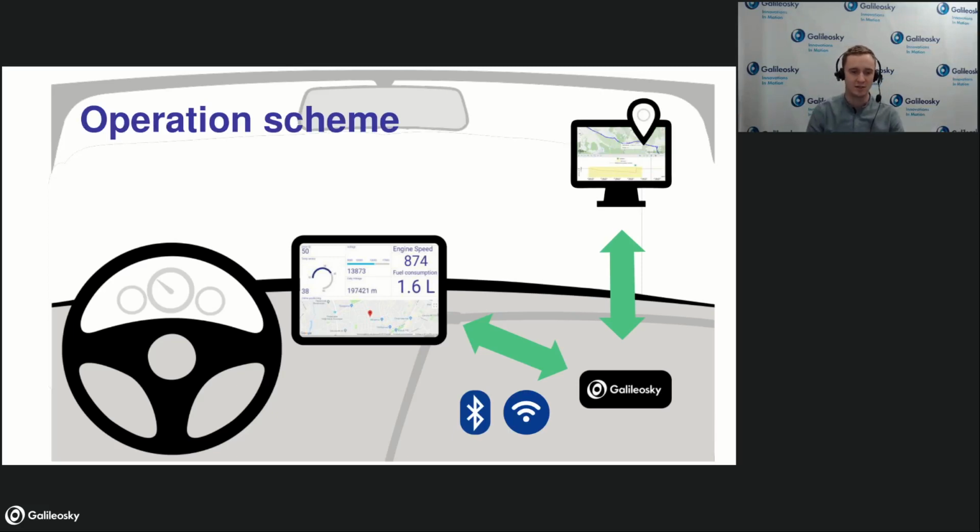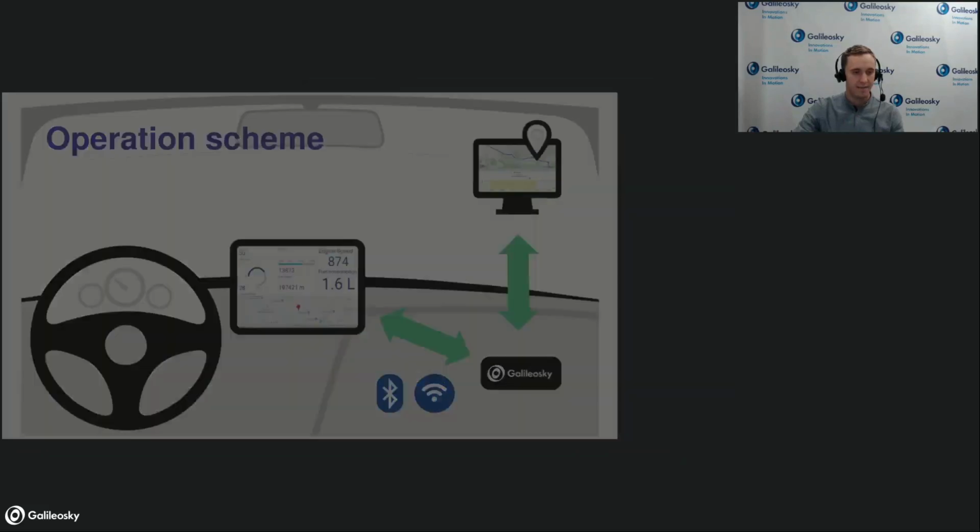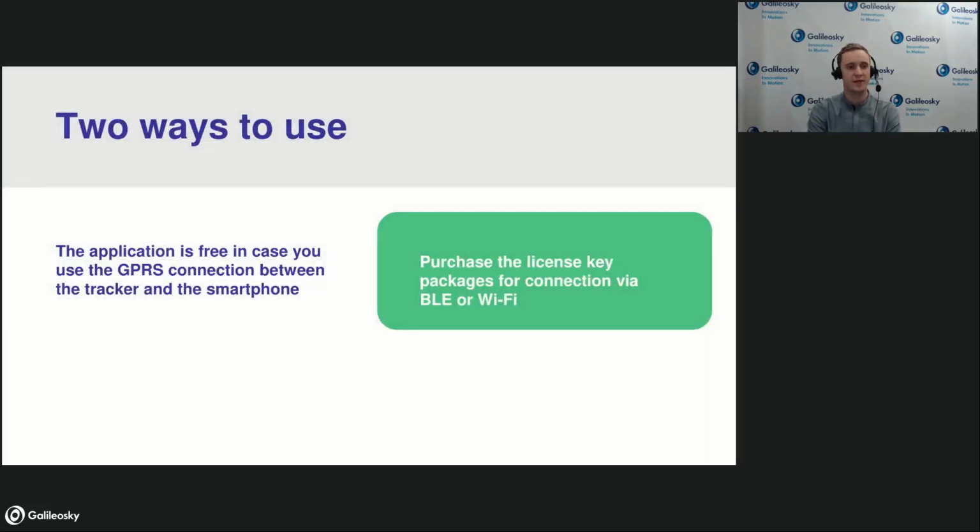But there is another extra value which we can create by getting the driver engaged, by giving the driver instant feedback about the vehicle performance. So, the two ways to purchase, actually, and how we can use the Exigner application.